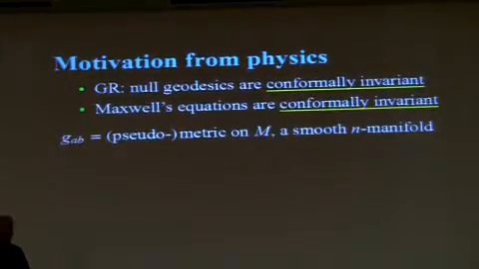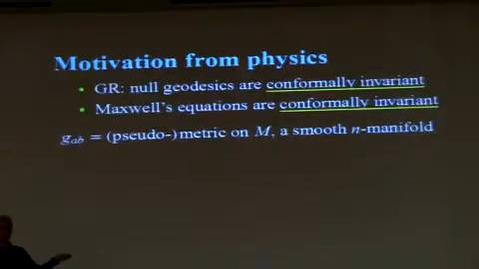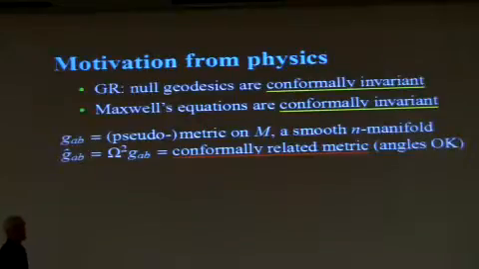Let me explain without any differential equations at all why the null geodesics, these are the geodesics which are everywhere null, why that concept is conformally invariant. You can do that without any differential equations at all, really. First of all, there's this operational notion of what conformal invariance means.